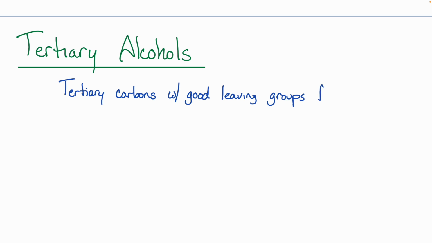All right, what is important to remember, this kind of common theme that's going to make these different from our other ones, is that tertiary carbons with good leaving groups will form carbocations.